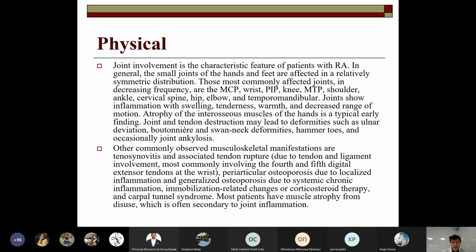Some other commonly observed musculoskeletal manifestations are tendinitis, frequently associated with tendon rupture, and periarticular osteoporosis due to localized inflammation, and generalized osteoporosis due to systemic chronic inflammation can be noticed in these patients.